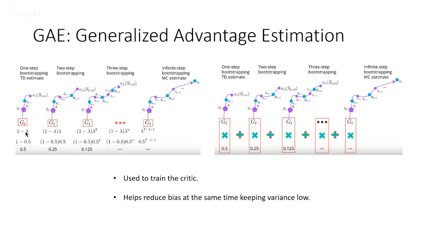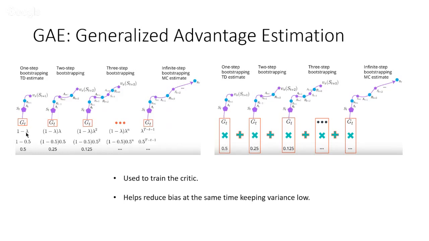So 1 minus lambda, and then this is 1 minus lambda times lambda. These are the multipliers for each of these individual expected returns from each case. 1 minus lambda times lambda is the second step. The third step is lambda squared, lambda to the n, and so on. And then you multiply them each.